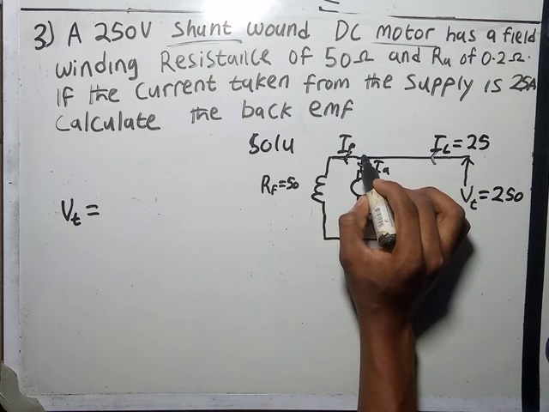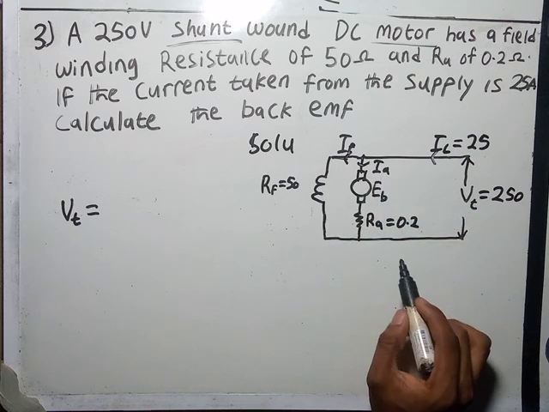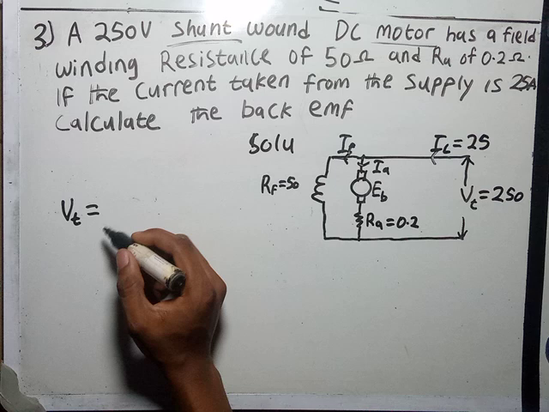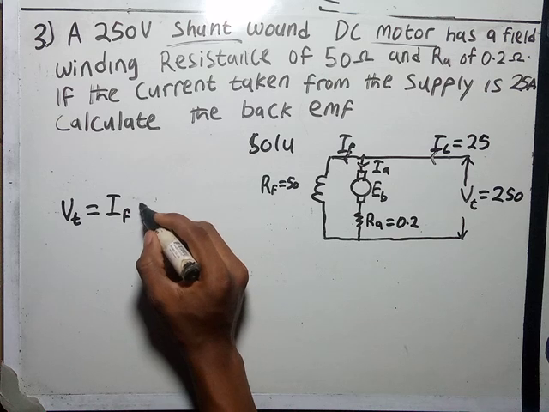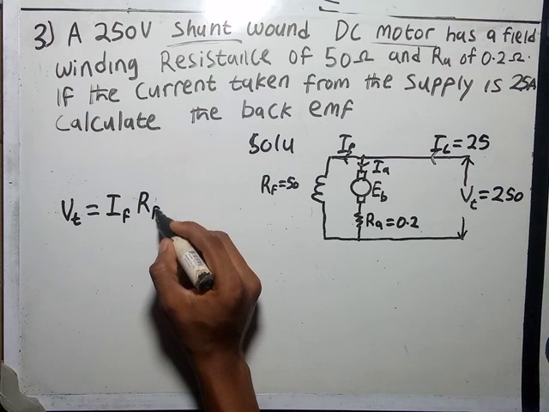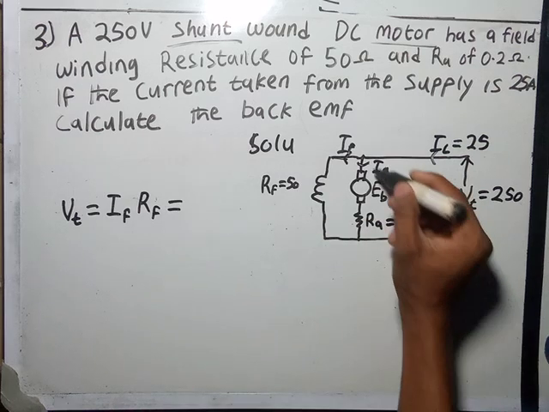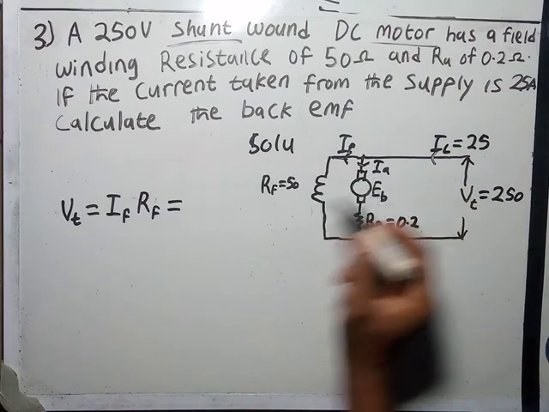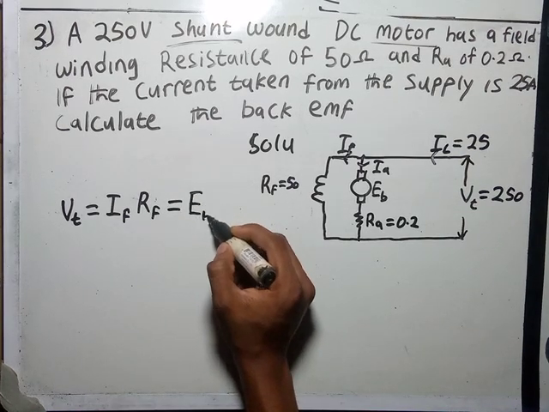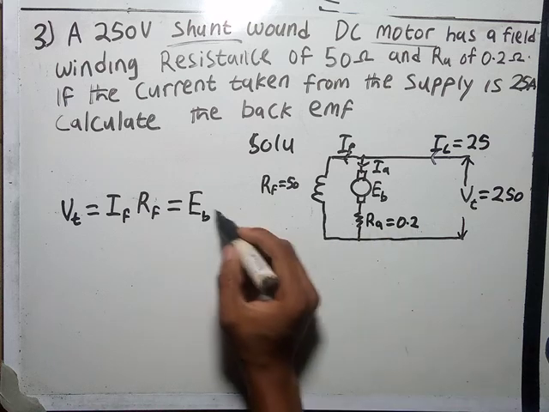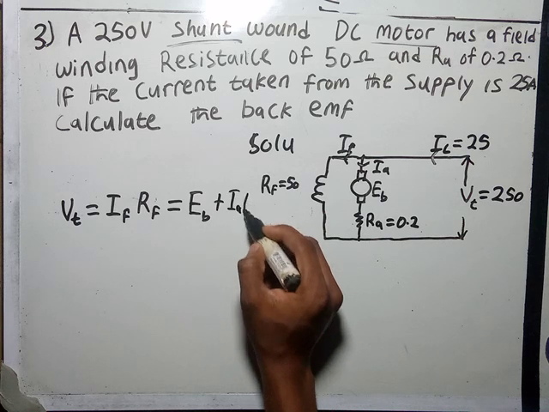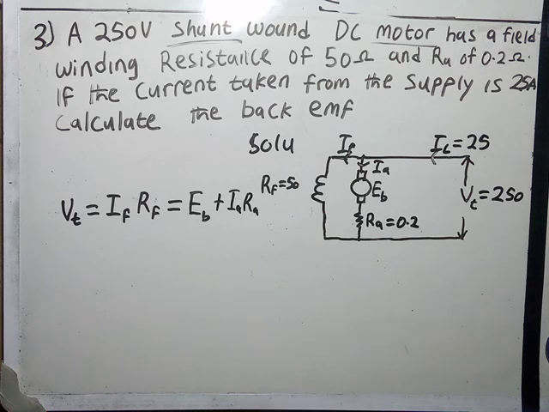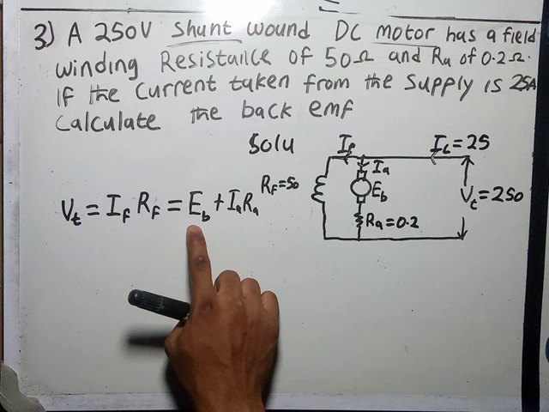So VT is equal to IF times RF, or for this other part, you have your back EMF and also your armature resistance voltage drop. We want to get EB.